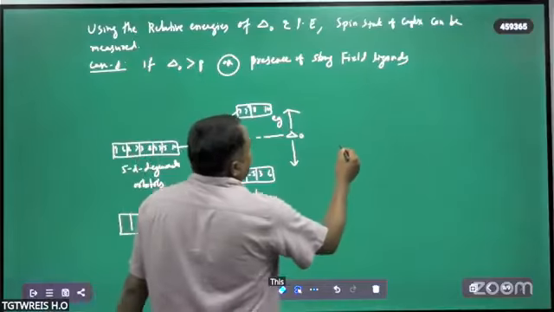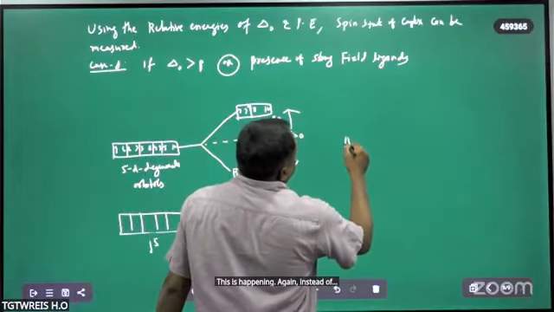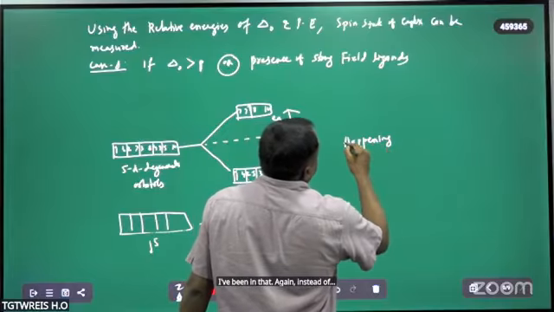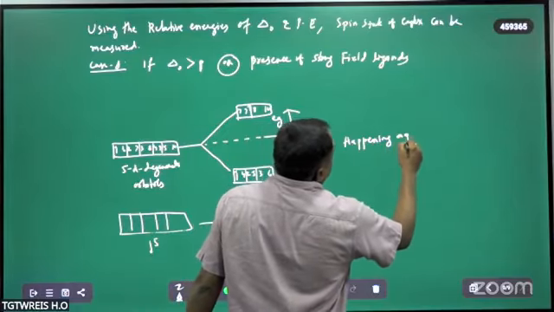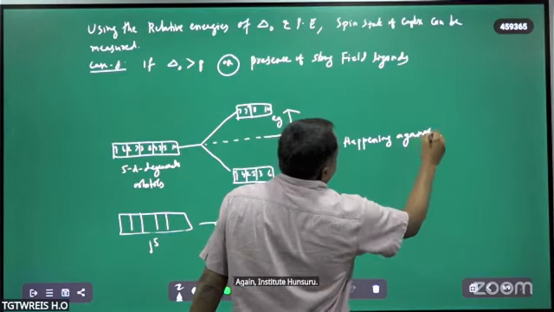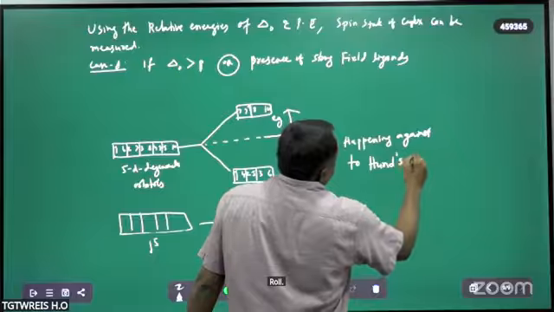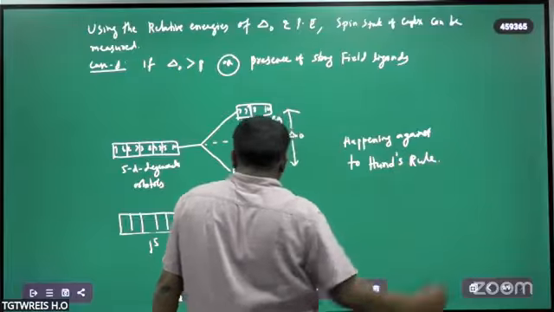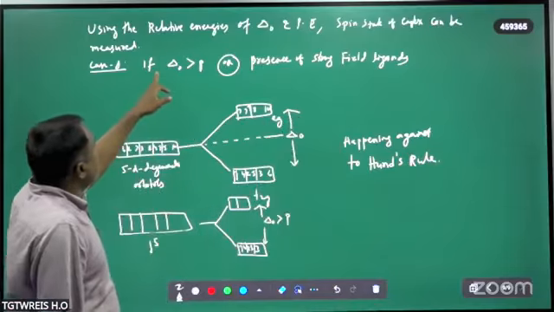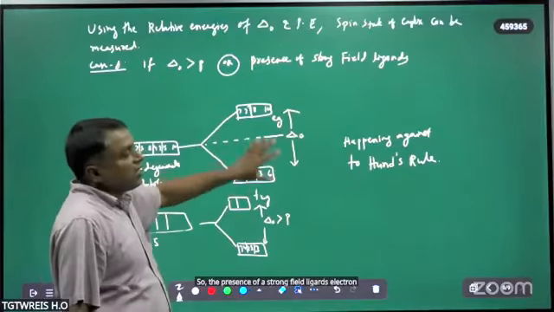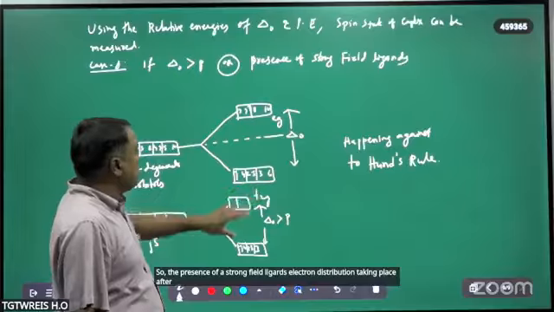In the presence of strong field ligands, electron distribution takes place against Hund's rule.